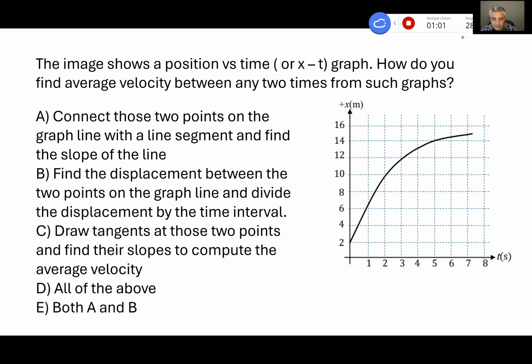Thirty seconds. And 5 more seconds. 5, 4, 3, 2, 1, and it stops.